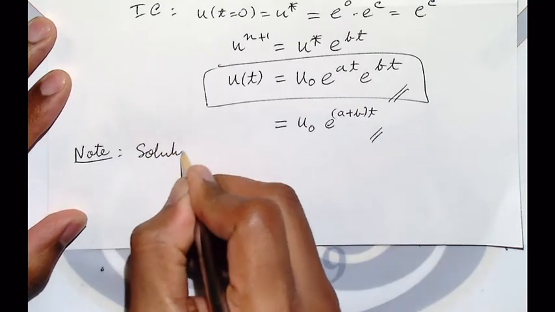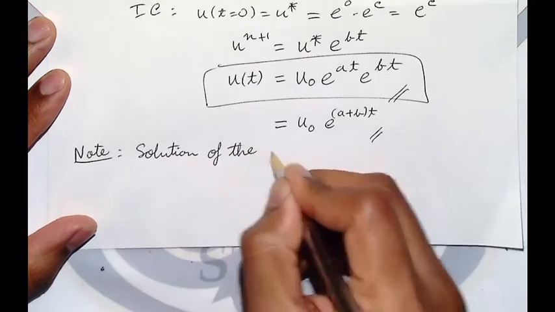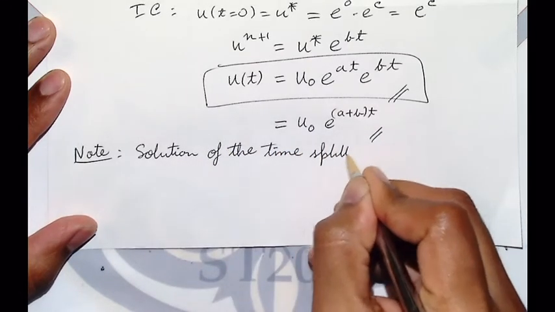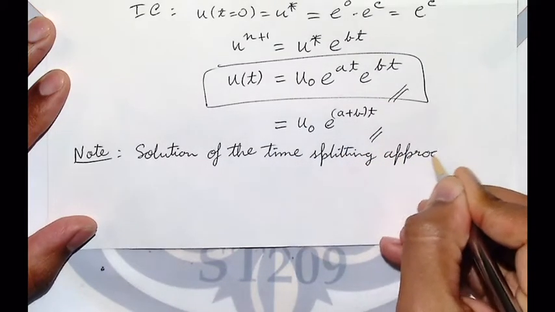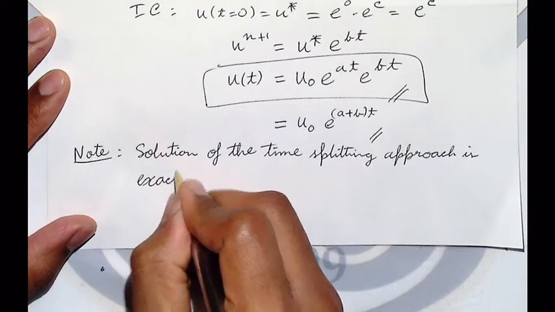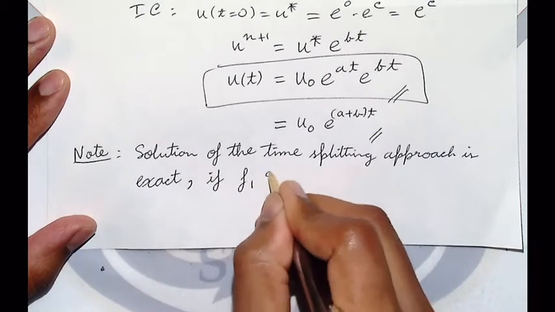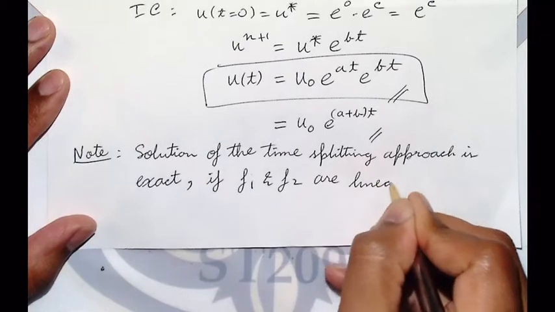Solution of the time splitting approach is exact if F1 and F2 are linear in u.